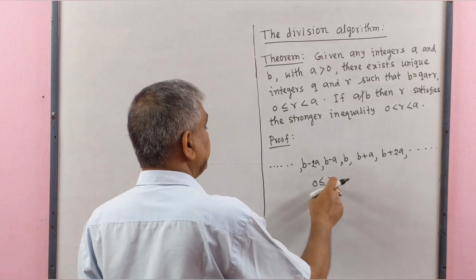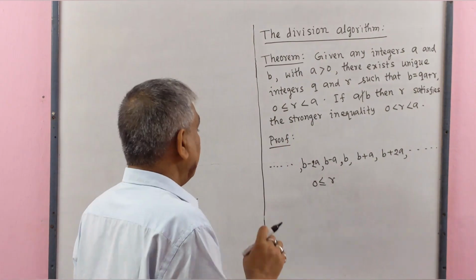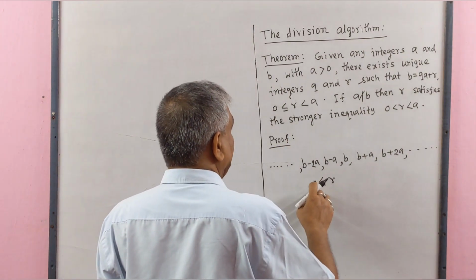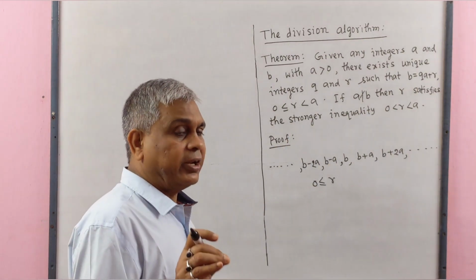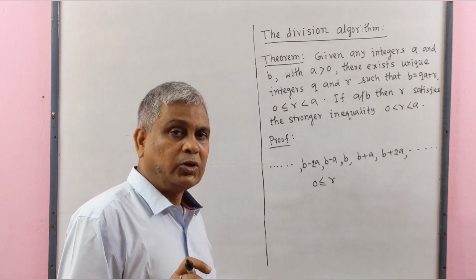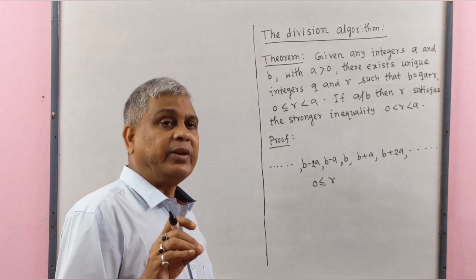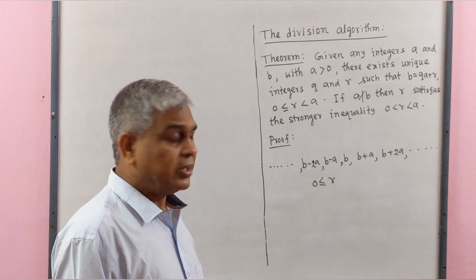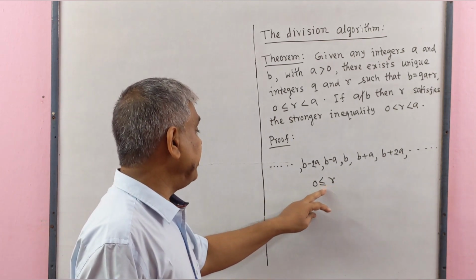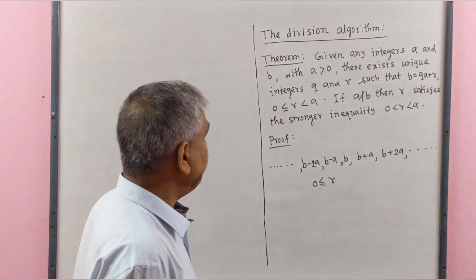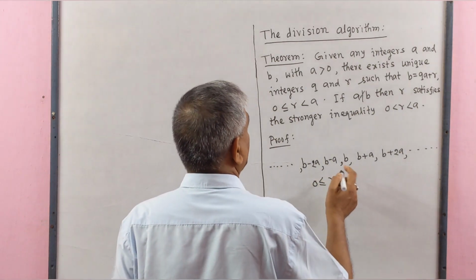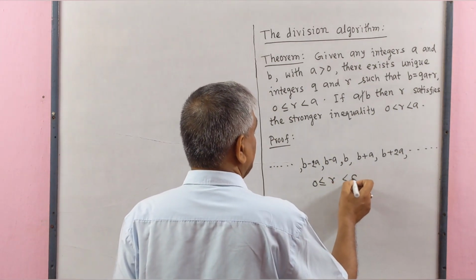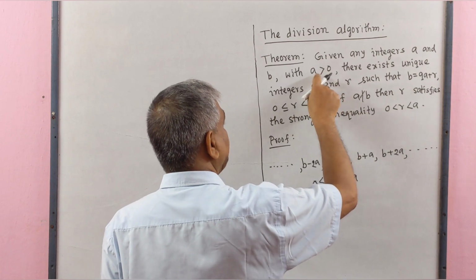It may be possible that r equal to 0, and if it is not 0, then r will be a positive integer, but r must be less than A, as A greater than 0 here.